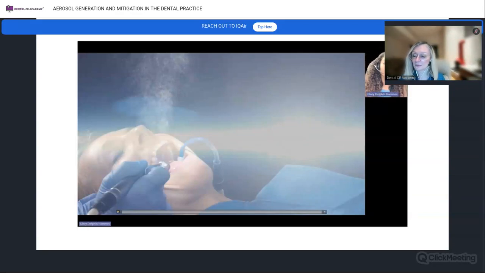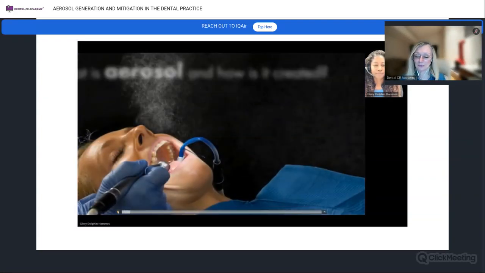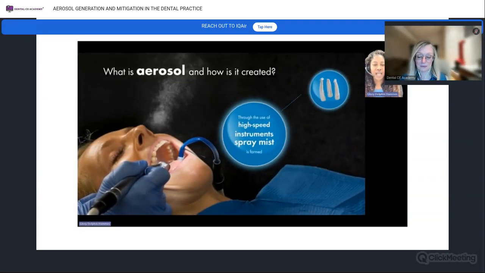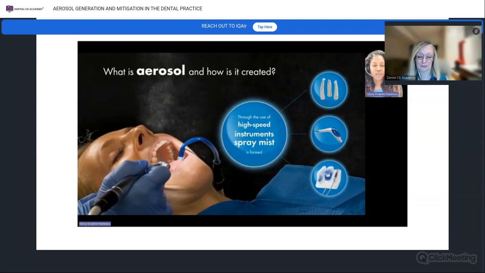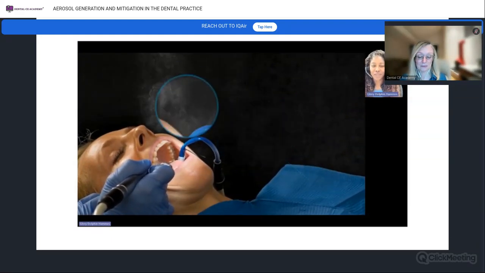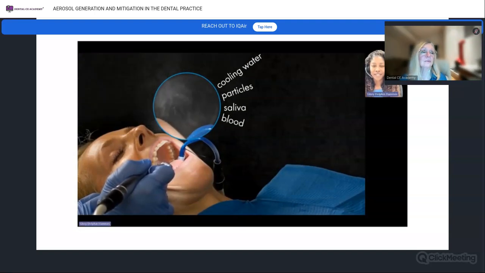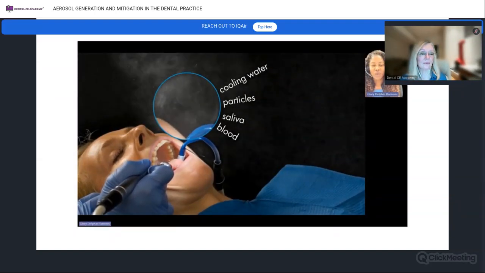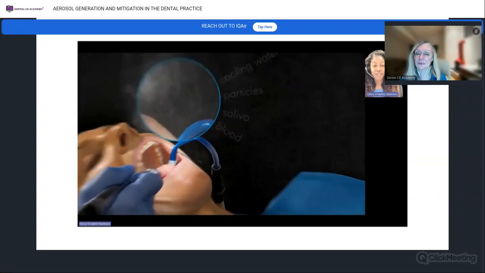Let's take a look at this video. This video shows essentially what the air quality looks like in a 10-15 minute procedure. What we can actually see with the naked eye is coarse particles. We cannot even see fine particulate matter with the naked eye, let alone ultrafine particles, which account for over 90% of particulate matter in the air.